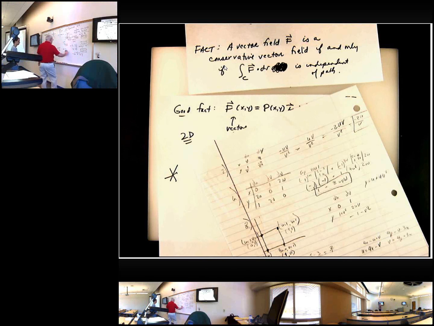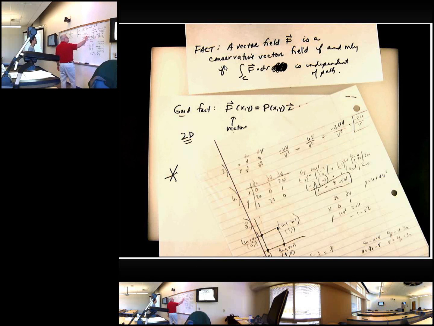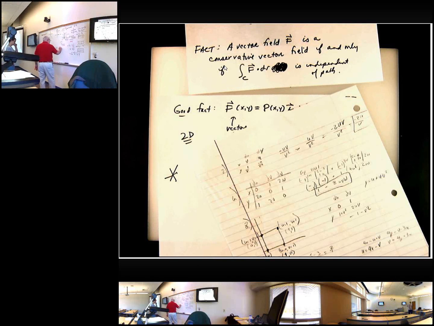So the Jacobian will be 1/4, and then du dv.